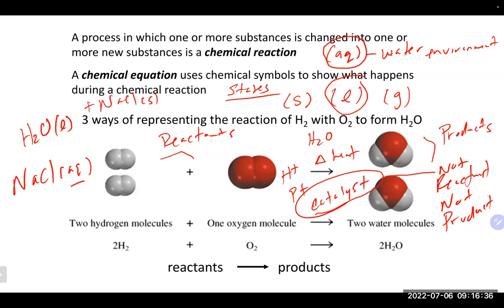So a lot of times people will add a catalyst to a reaction to speed it up, but it does not per se take part in the reaction as a reactant or product, and that's why it's still there usually at the end. Sometimes a catalyst is something as simple as a metal where everybody's attracted to that central location, which allows the reaction to take place a lot faster than it would if everybody has to fly around and find each other.